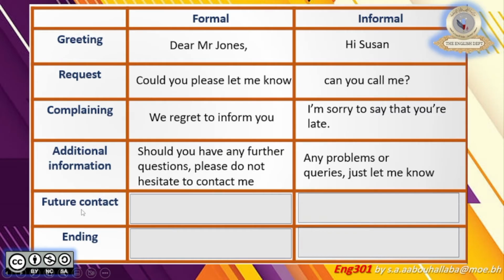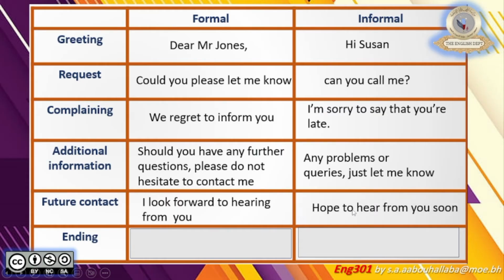If you want to refer to further contact, you can say, I look forward to hearing from you. But informally, you can say, hope to hear from you soon. And in the ending, you should end by yours sincerely if you started with Mr. Jones, if you know the name of the person. And this is the case in our topic. In fact, we cannot do that to someone that we do not know, because usually we reply to the invitation, so we already know the name of the person, or we make the invitation so we know the person we are inviting.